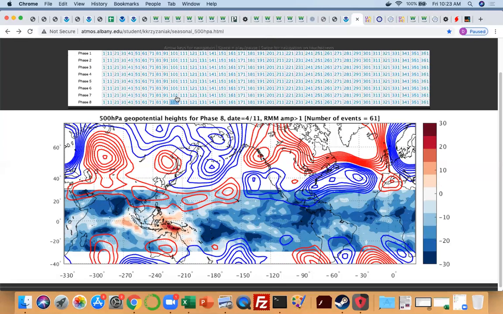Again, I'm using some subjectivity here, but if you follow a scenario here where there's something going on that's making it very difficult for the AO to go positive, i.e. that the risk that even if we get into a phase 8-1 event, it is less likely than normal than the historical composites would show, then what you're seeing right there is not the most likely outcome.